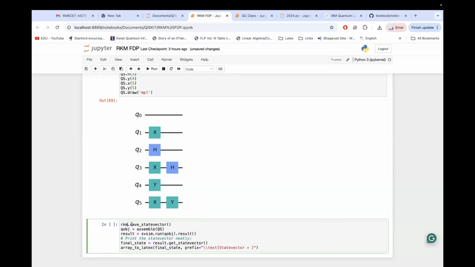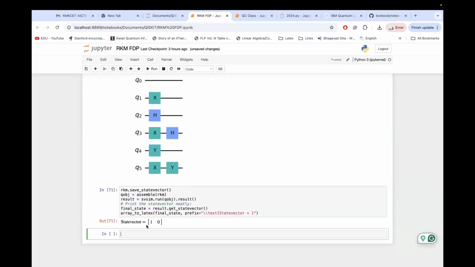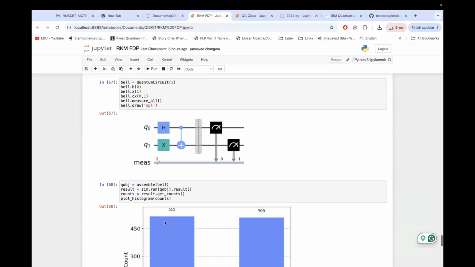RKM is our first circuit, so we'll see what is happening with that RKM. Look at this. The state vector of the system is 1 0. 1 0 means it's in the 0 state.